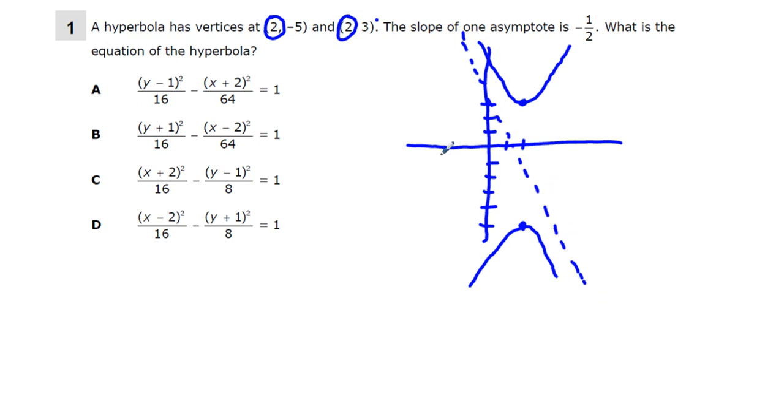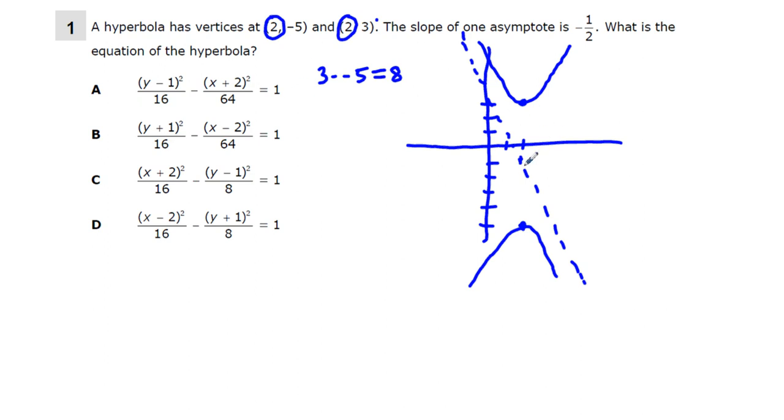So now let's go ahead and try to locate the center of this. Well, the center is going to be halfway between these two y values. If we take 3 minus -5, we're going to get 8. So our transverse axis is 8 apart, meaning our semi-transverse axis is going to be 4.